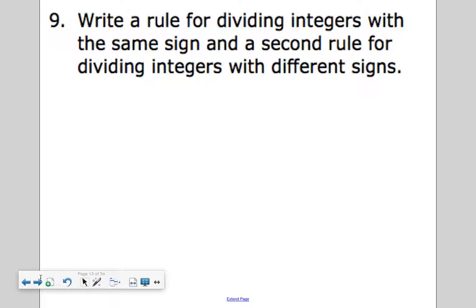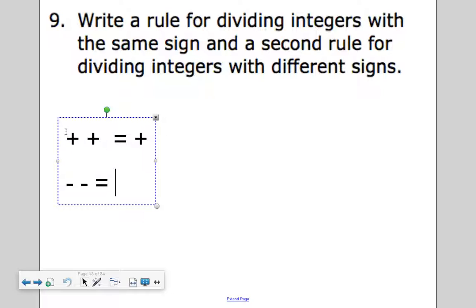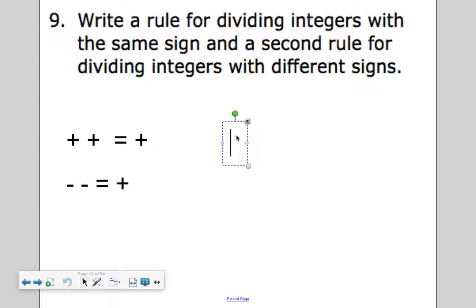So what rule can we say here? When we are dividing two positives, it will be positive. When you're dividing two negatives, opposite of a negative is positive. If you have a negative and you divide it by a positive, you have all these negatives and you're putting them into different groups, so it'll be negative.